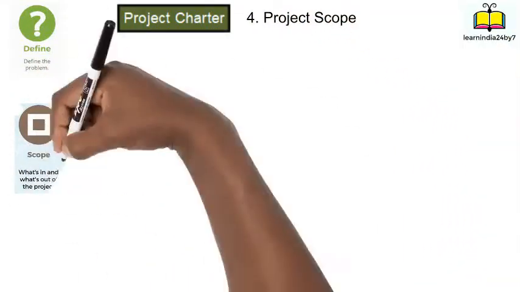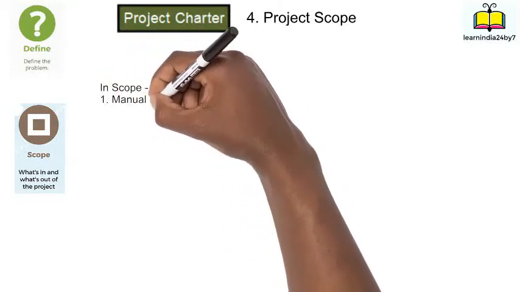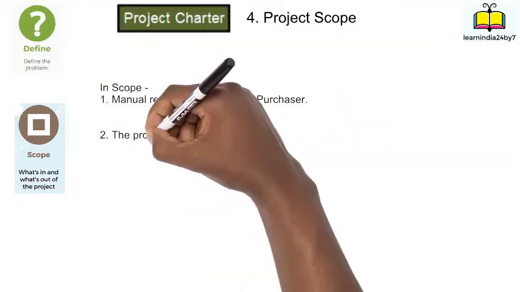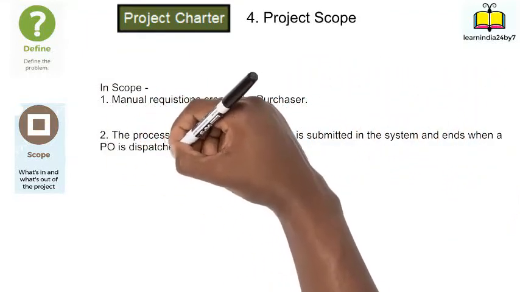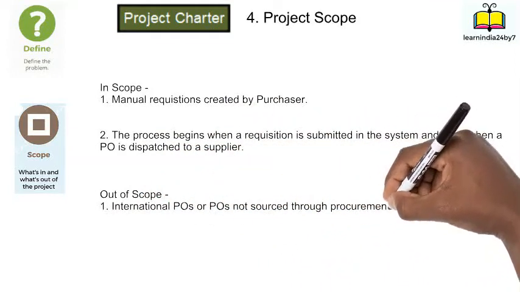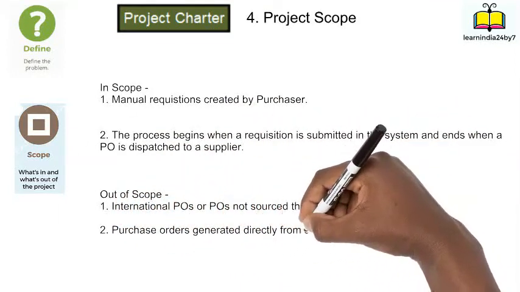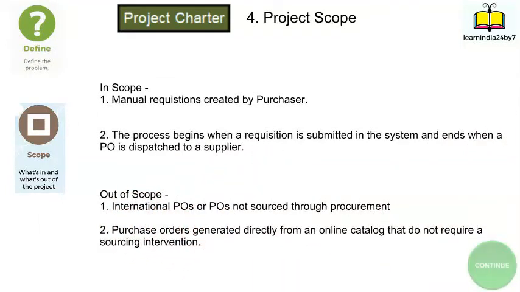So in the next stage, the company's Six Sigma team defined the scope for the project. Manual requisitions created by purchasers were in scope. International POs and POs generated directly from an online catalog were out of scope.